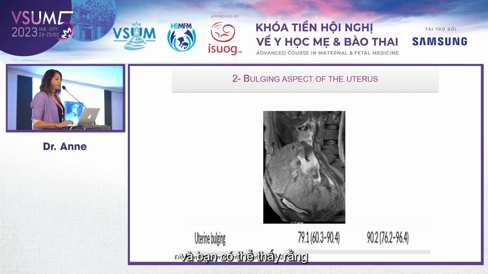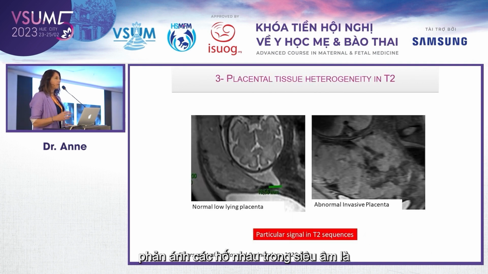You can see that the uterine bulging is very accurate, near 80% in the diagnosis. The placental tissue heterogeneity, which reflects the lacunae in ultrasound, is a good sign of placenta accreta.